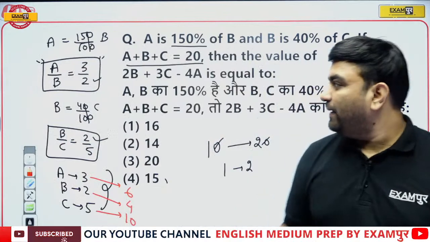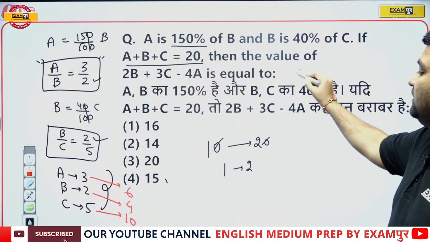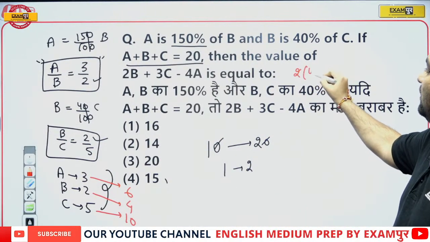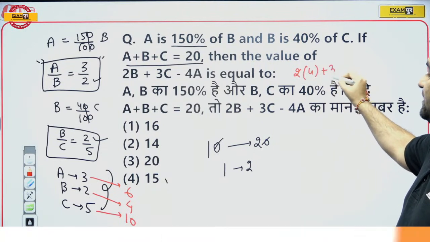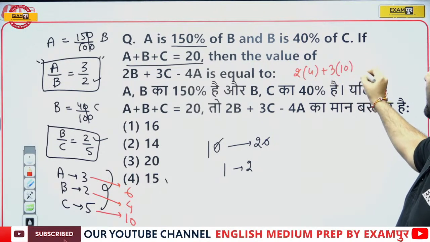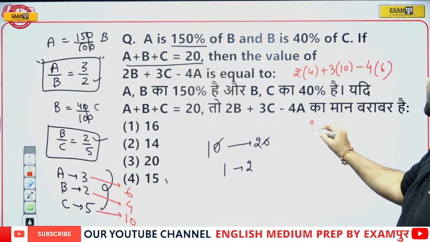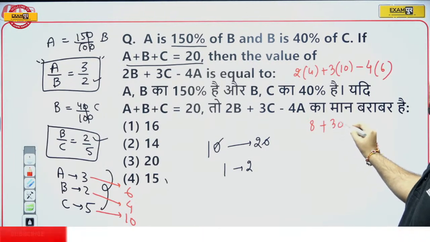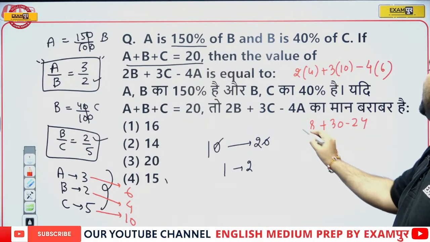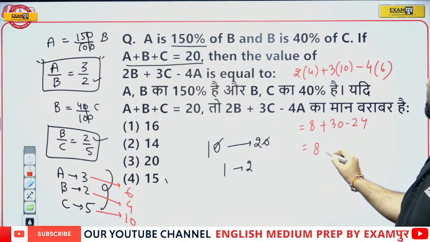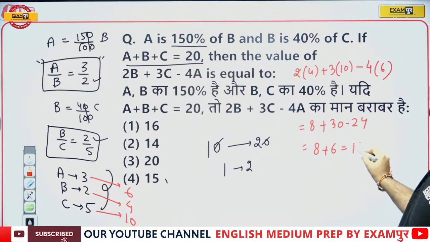What is 2B minus 3A plus 4C? So B is 4, C is 10, and A is 6. 8 plus 30 minus 24, which is 8 plus 6, 14 is the answer.